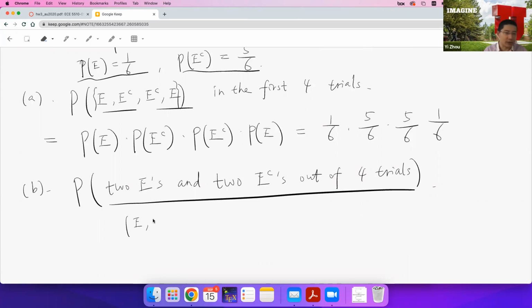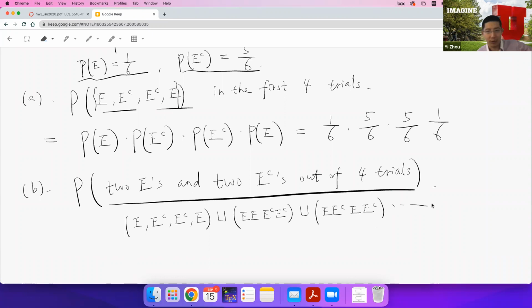We can list many scenarios where we have 2 E's and 2 E complements. This is one, and there could be 2 E's in the first 2 trials and 2 E complements later on, or they're next to each other. We can list many different possibilities.